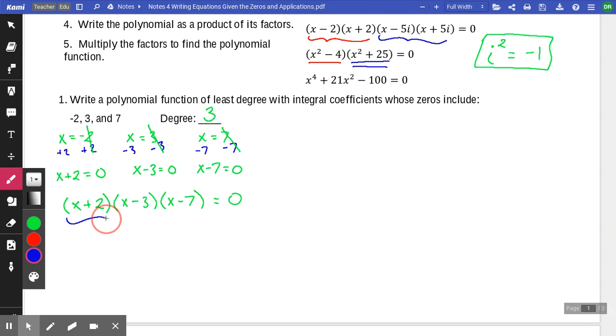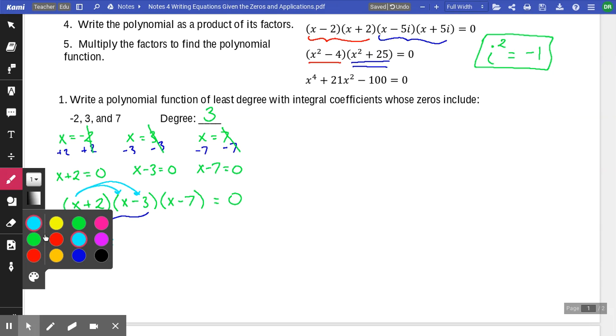If we multiply these first 2 parentheses together, let's remind ourselves of how that works. Remember, you need to multiply each term in the first factor times each term in the second. The very systematic approach would be take x times x, and you would get x squared. Take x times minus 3, and you get minus 3x.